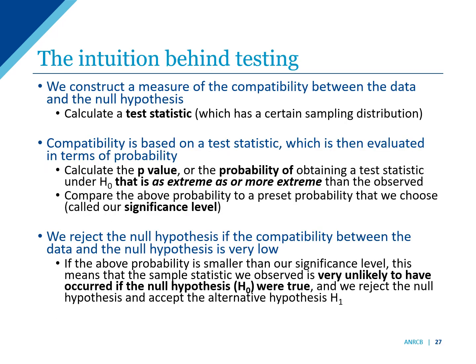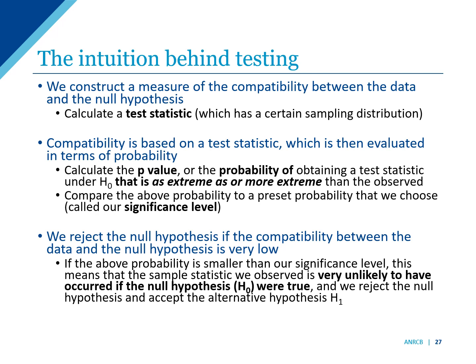The intuition behind hypothesis testing is that we're constructing a measure of compatibility between the data we've collected and the null hypothesis. We do this by calculating a test statistic, which is then evaluated in terms of probability. We want to know the probability of getting a test statistic under the null hypothesis that is as extreme or more extreme than the observed value we obtained.